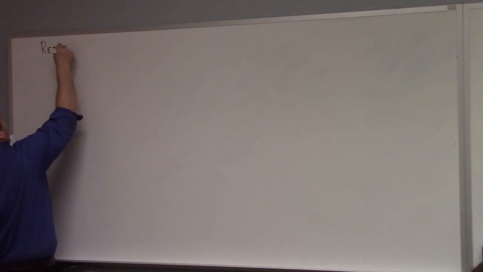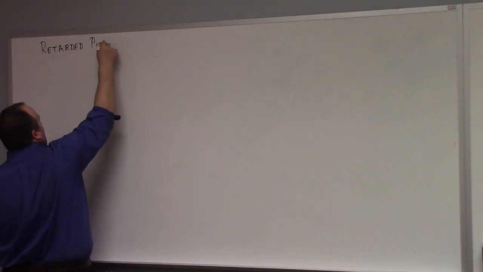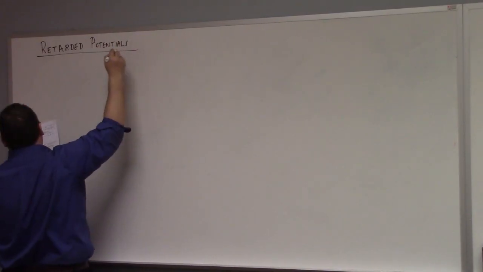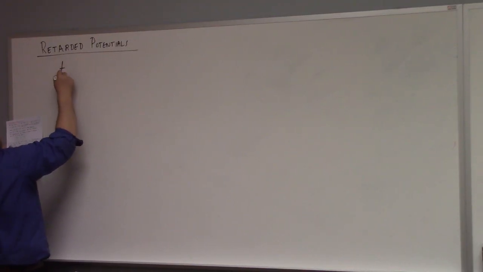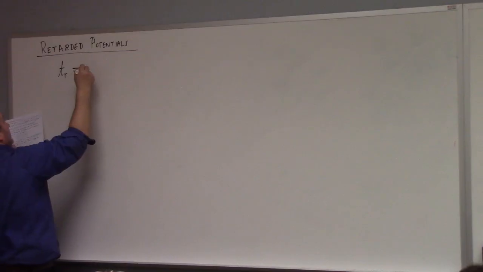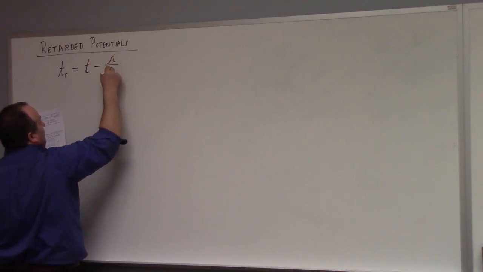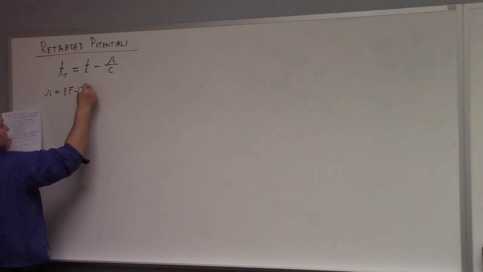And so for that, we introduce the retarded potential. Basically, we introduce the retarded time, t_r equals t minus script r over c. Here script r, as per usual, is the distance between the field point and the source point.